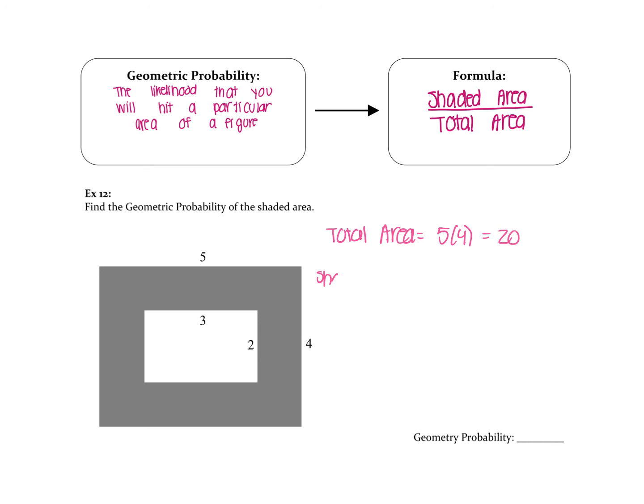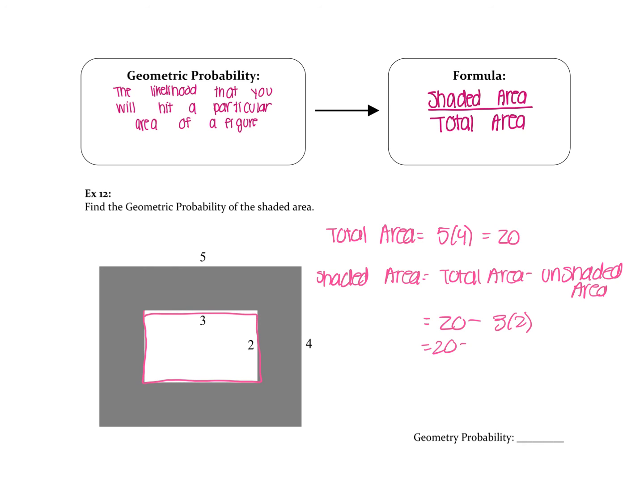To find the shaded area, I'm going to have to take the total area minus the unshaded area. So I take 20 minus the unshaded area, which is this region right here. That would be 3 times 2, so 20 minus 6, which gets me that the shaded region is 14.